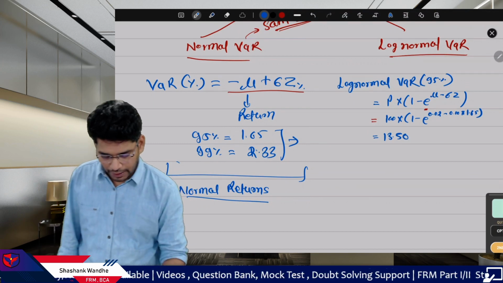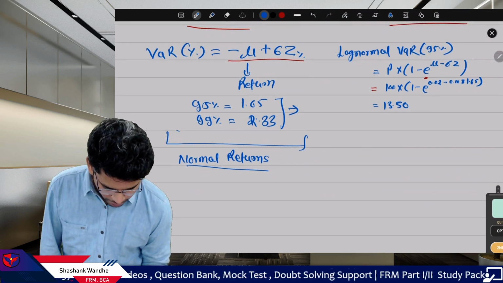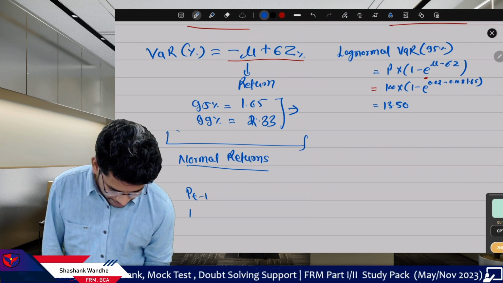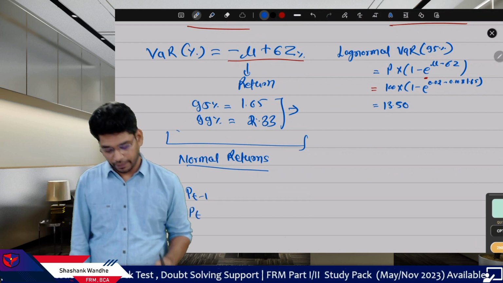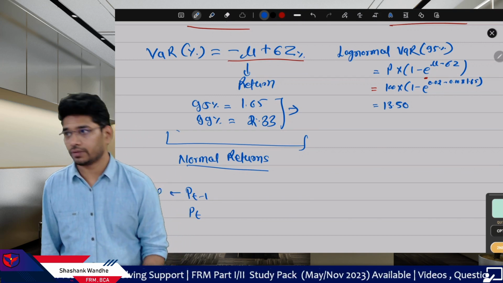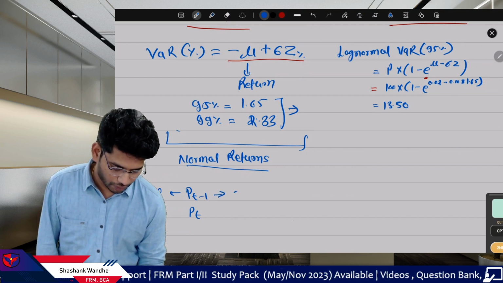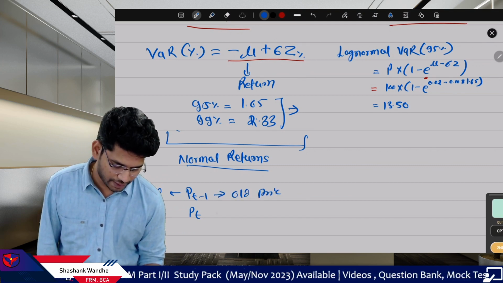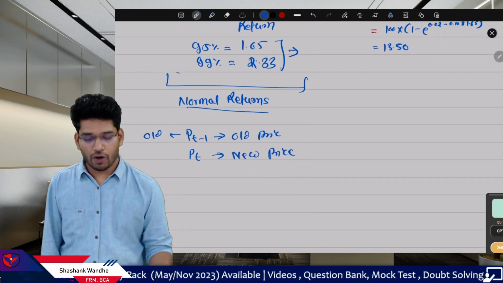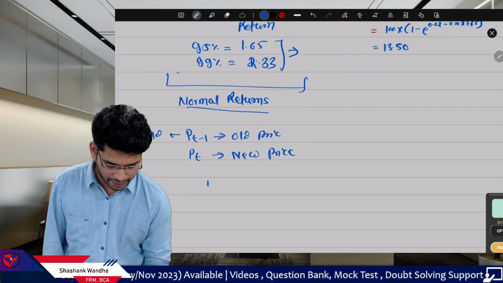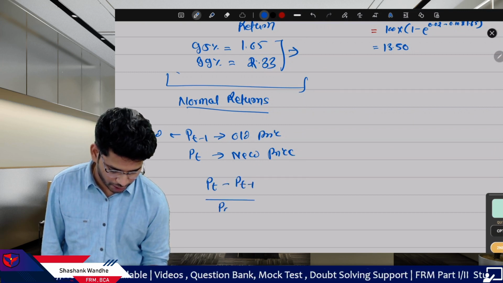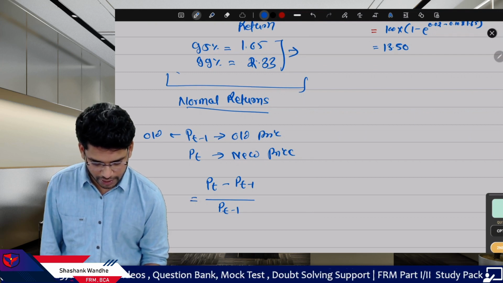Very simple. Assume yesterday's price, the old price, is P(t-1) and the new price is P(t). For normal returns we do this calculation: P(t) minus P(t-1) divided by P(t-1), and this gives us the return.